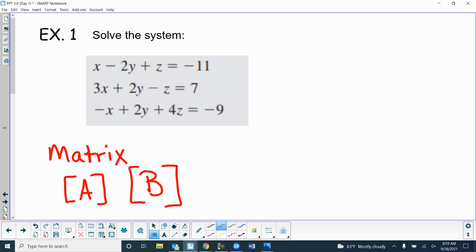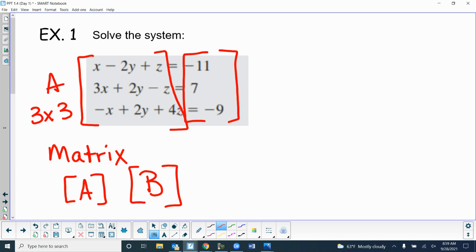The A matrix is going to be made up of the coefficients of your variables. And it's got 3 rows and 3 columns. We won't put the letters in, we'll just put the coefficients in, the numbers in front. The B matrix will be what's on the other side of our equal sign.